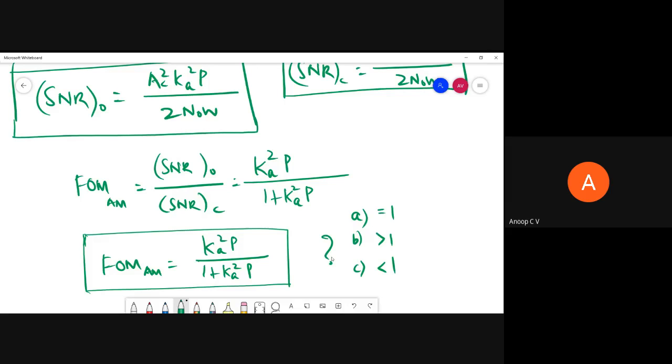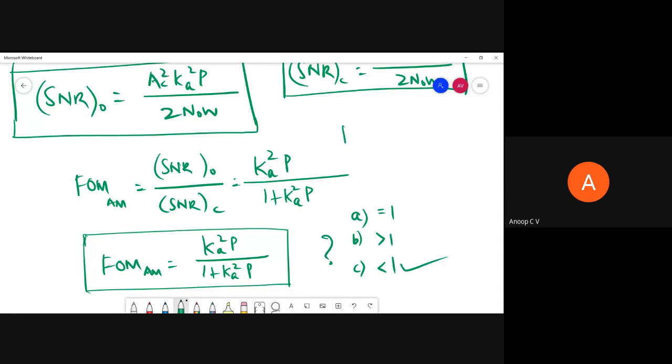Will it always be equal to 1, always greater than 1, or always less than 1? You can type it in. It will always be less than 1. Why? Because even if P is equal to 0, it will still be less than or equal to 1.